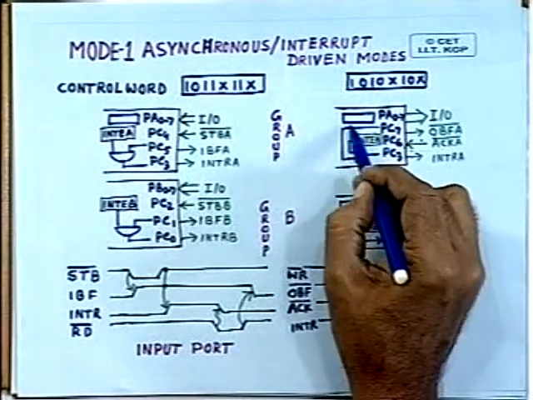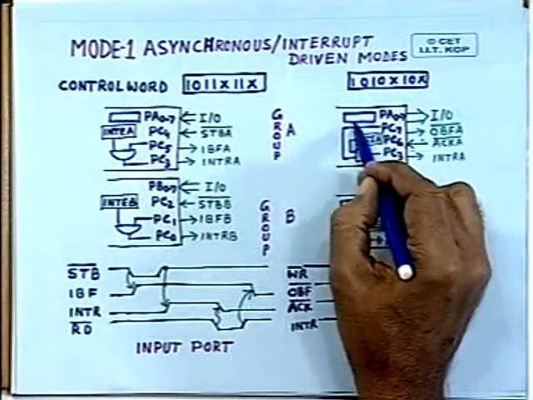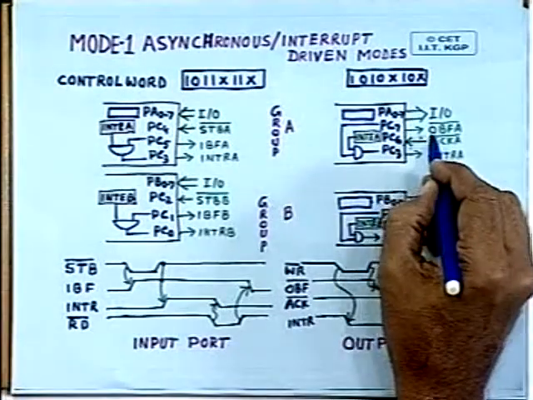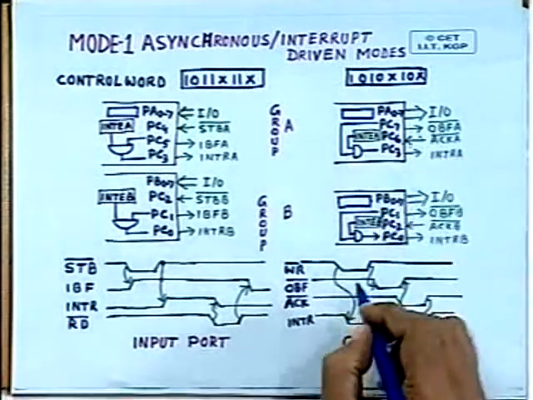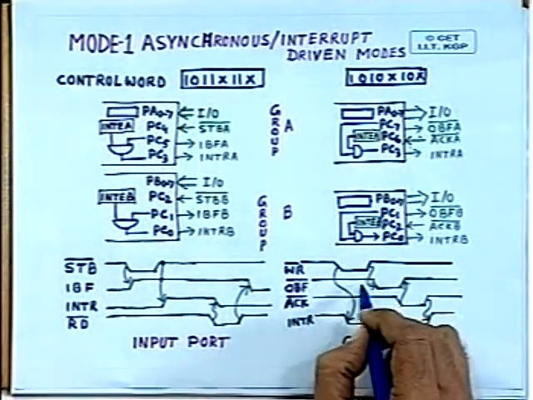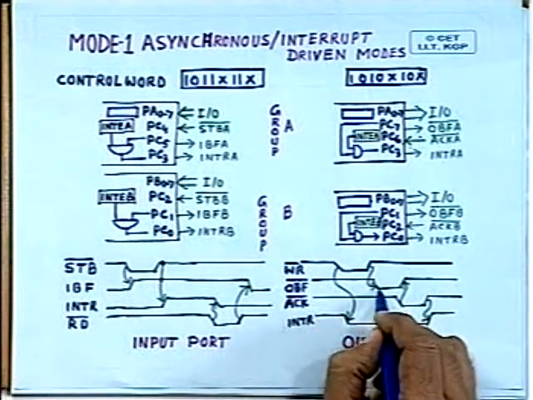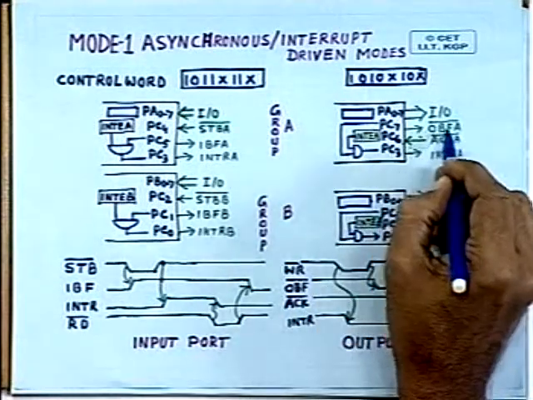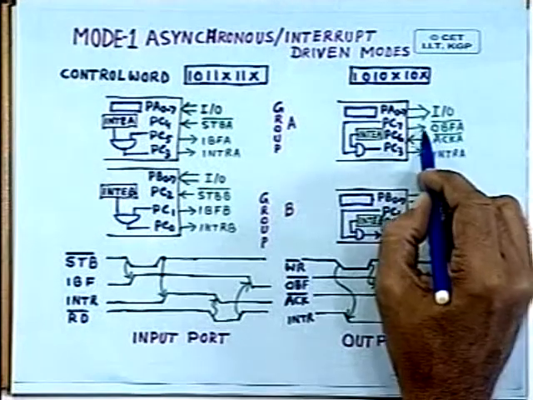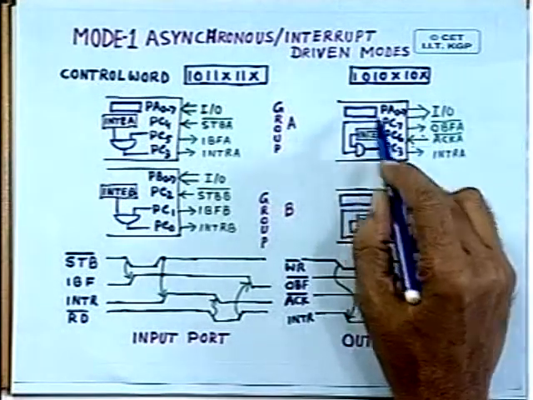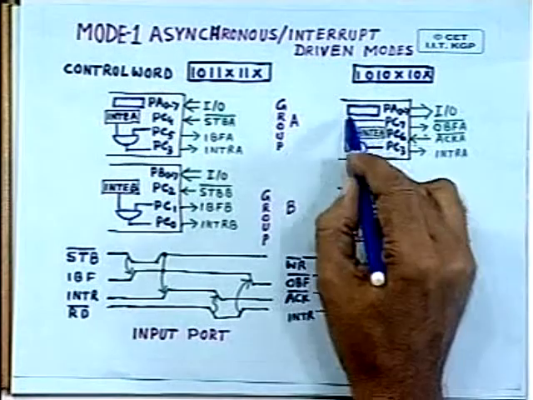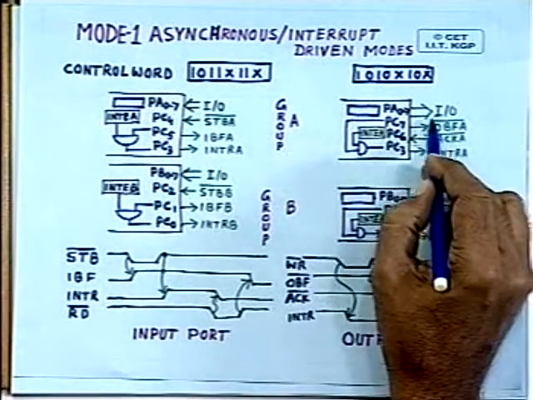And as soon as data is loaded here, that output buffer full A signal will be high. As you can see here, it is a low active signal, so it will go low. So this signal will inform the IO device that data is now available here. That means the output buffer is now full and the IO device has to read it.